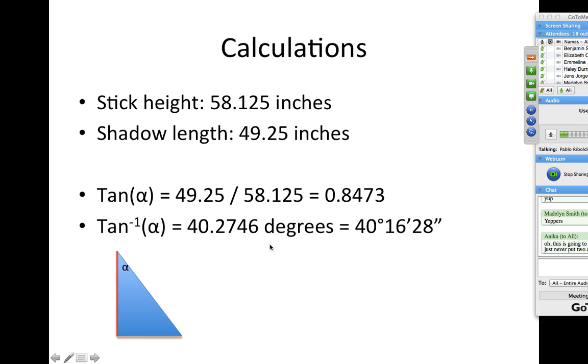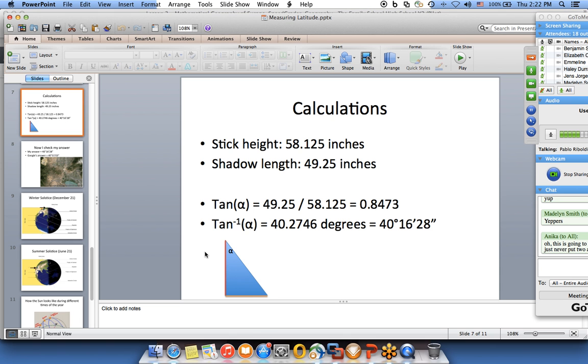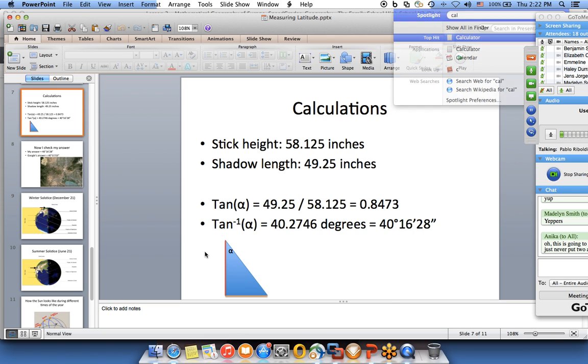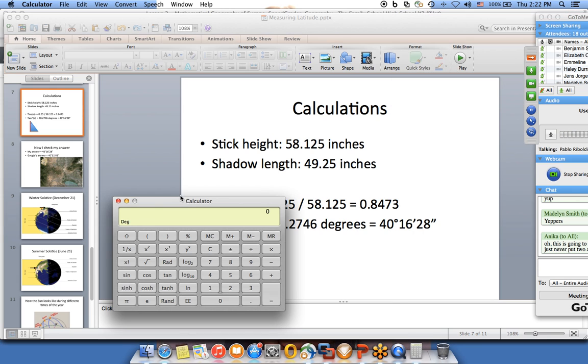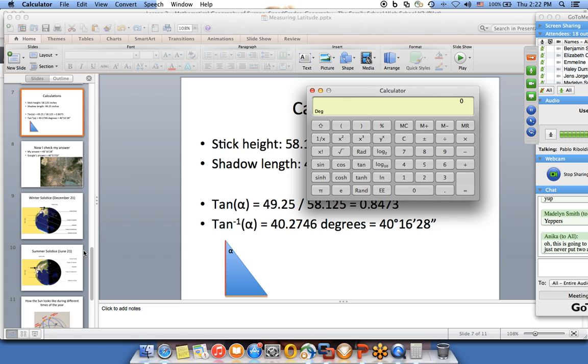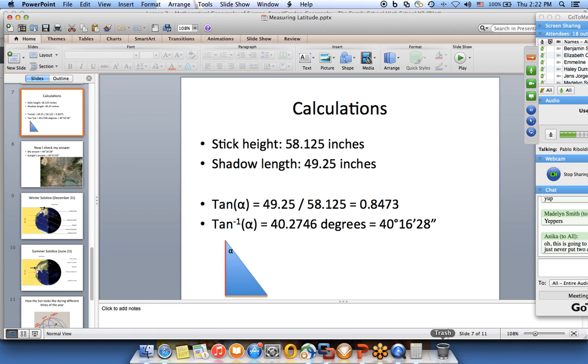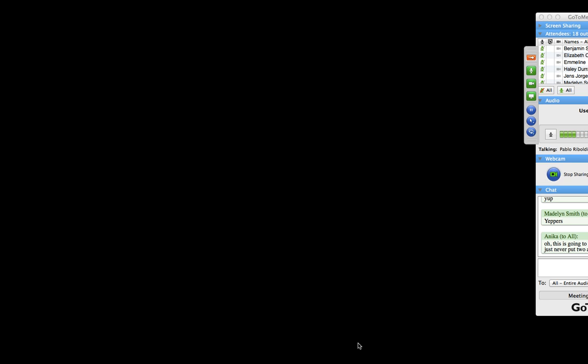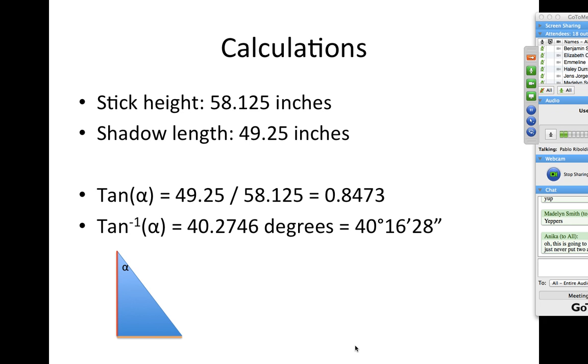It gives me that the angle is 40.2746 degrees. How do you transfer degrees? Calculator. I don't know if I can do the calculator on this. No, so I need to do it here. Hold on a second.